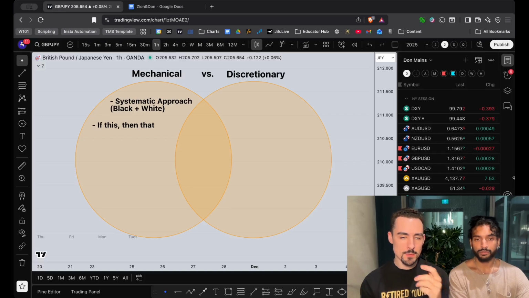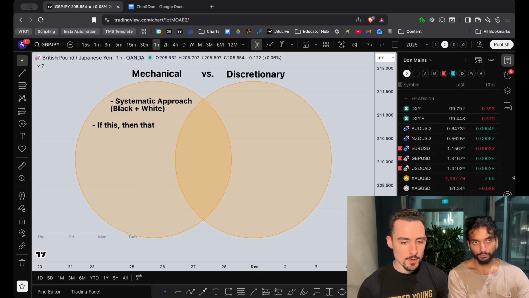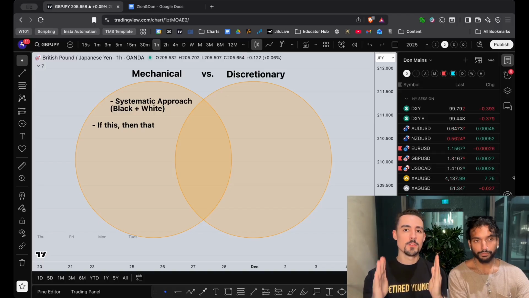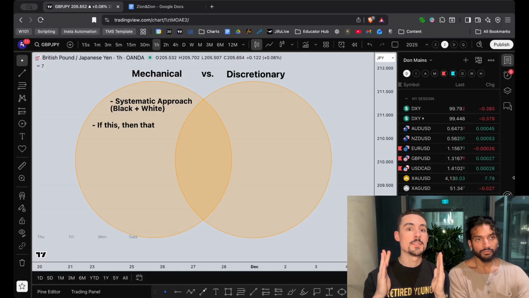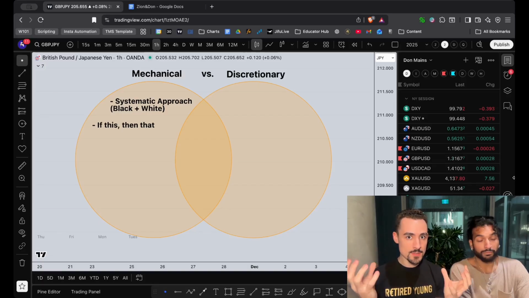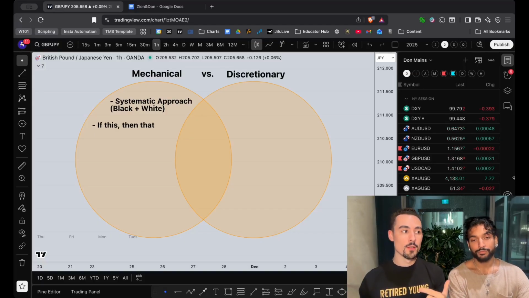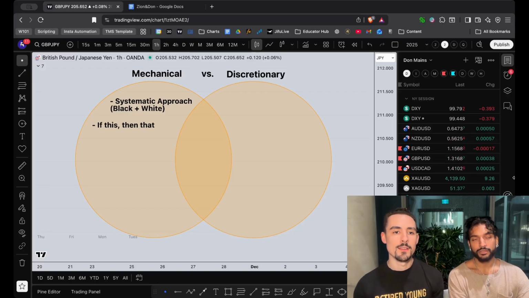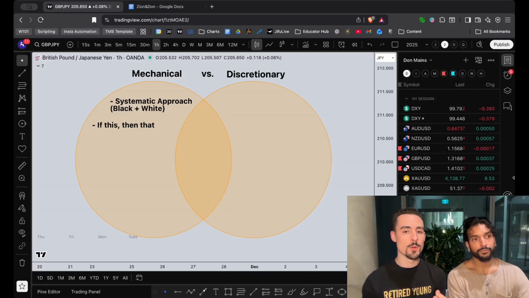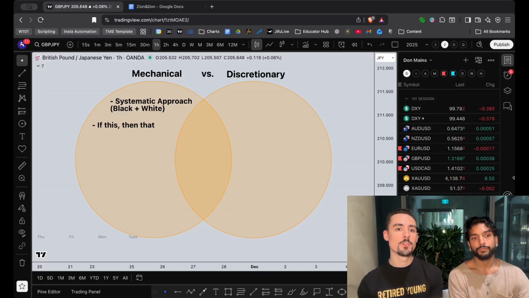For example, if your entry is going to be within a certain 10 to 15 minute window, the time of day is either in that window or it's not. If it is, then I'm going to be taking a look at the charts and looking to identify my setup. And again, what your criteria is revolving around are typically mechanical things.